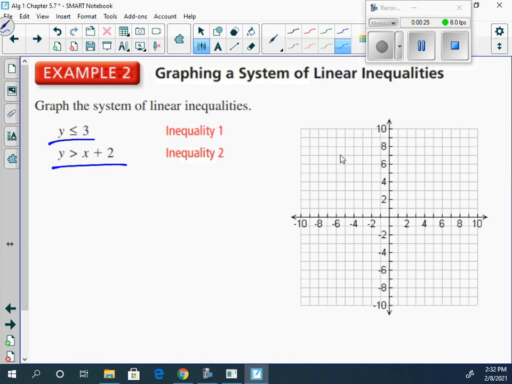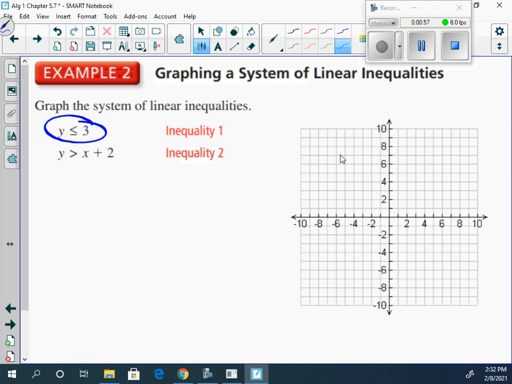And whenever we graph these, we can look at the first one here. y is less than or equal to 3. Well, whenever we have a variable by itself, so y, whenever y is by itself, it's a horizontal line, and it is a vertical line straight up and down when x is by itself.